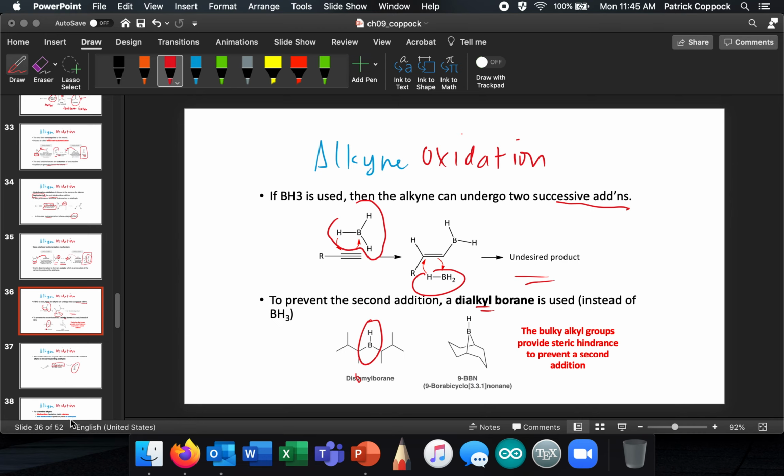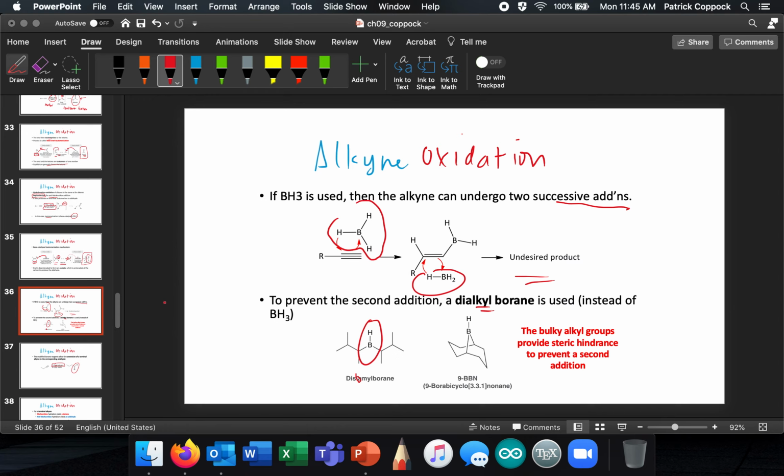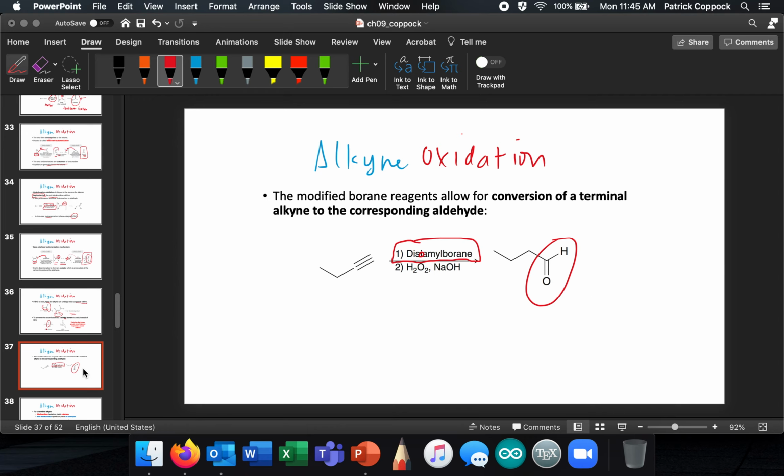All right, let's go back to that slide. Wait, where are we? Sorry about that. Let's go back here. Diisoamyl borane is just like a BH3 THF complex, except it only has one hydrogen on it. It's got two alkyl groups on it. That's the point of that.